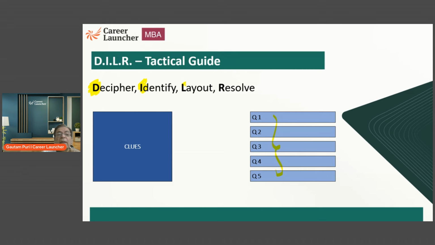Third stage is called the layout, which means tabulate the data. Layout is nothing but make the table or tabulate the data. So once you tabulate the data, you tabulate the data keeping the question in mind. Okay, and then finally you look at solving the questions. So resolve is nothing but solve.